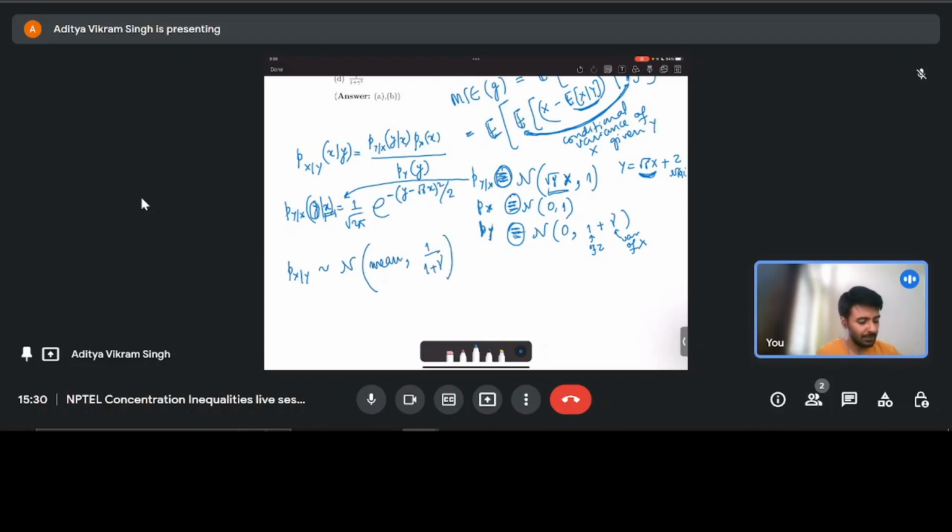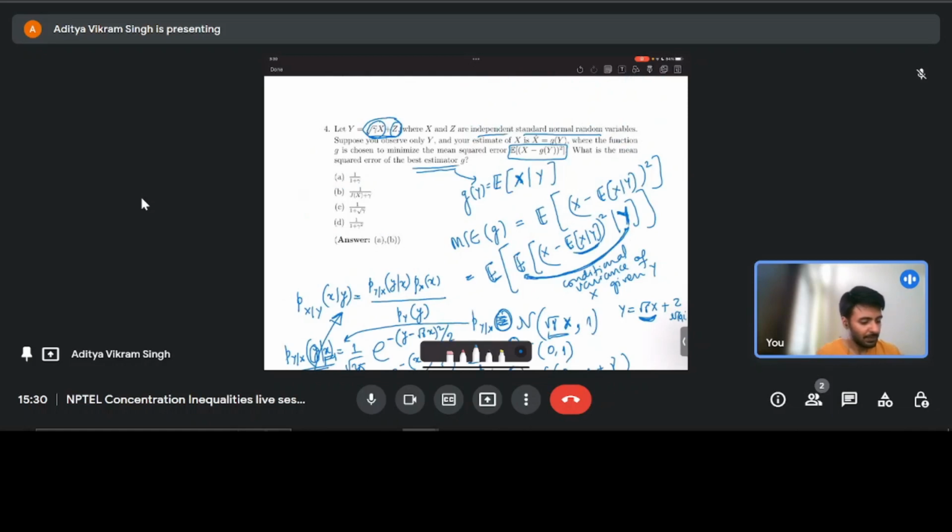So just plug everything in: y given x, then p of x and p of y, and then do the completing-the-squares step where you write p of x given y as 1 by root 2 pi e power minus (x minus something) the whole square by 2 times something. This something would become the mean, and the other would become the variance, and that comes out to be 1 by 1 plus gamma. So A is the correct answer.